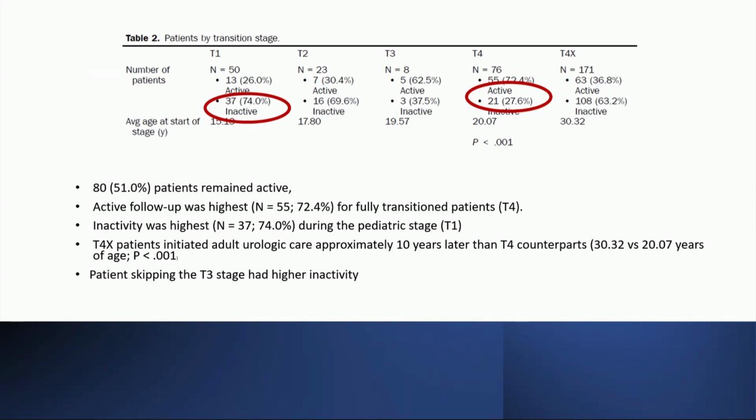They also found that those patients who were non-transitioned and directly attended the adult urology clinic initiated their adult urological care later than their transitioned counterparts, by almost 10 years.